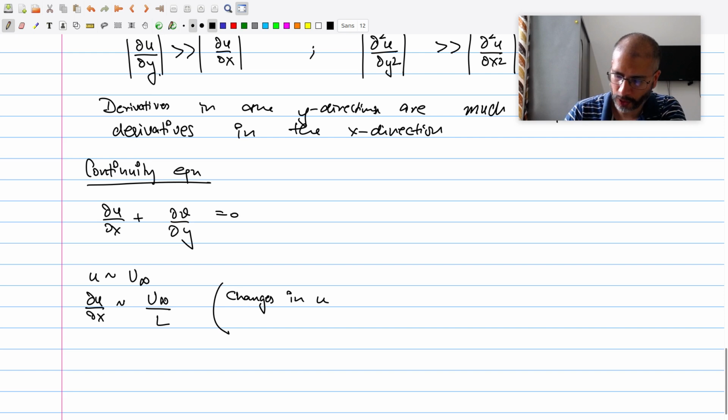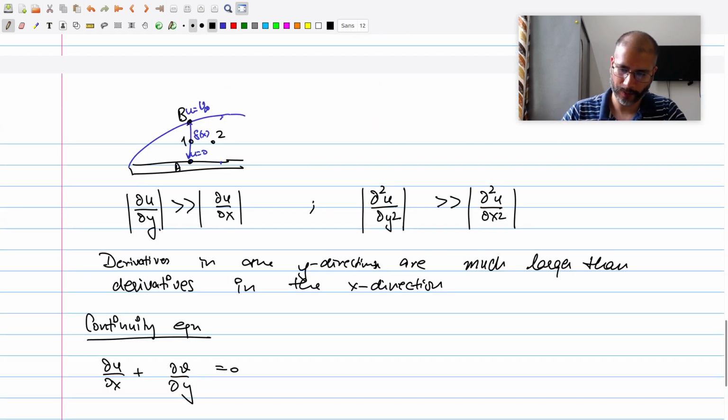So what we will say is that the changes in u are of order u infinity as we go from left to right. Imagine going from a point here, let's call it 1, all the way to point 2. The u value is much higher at point 1, and at point 2 the u value will be much smaller.